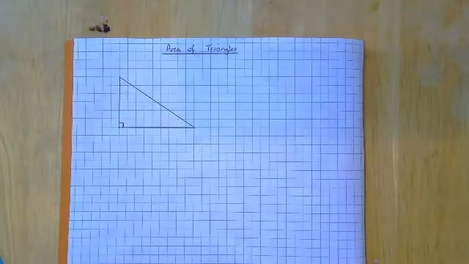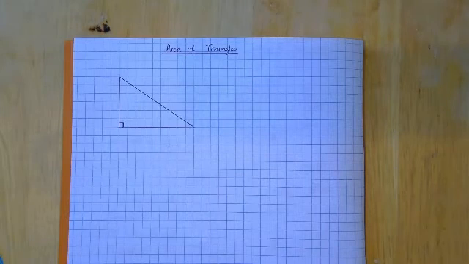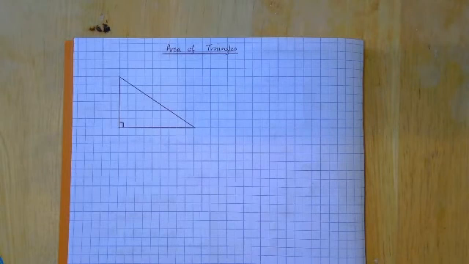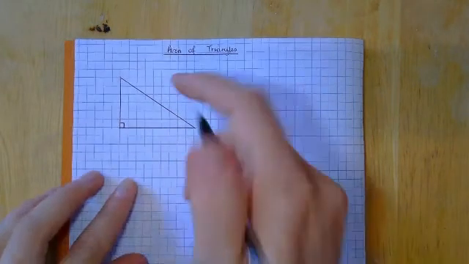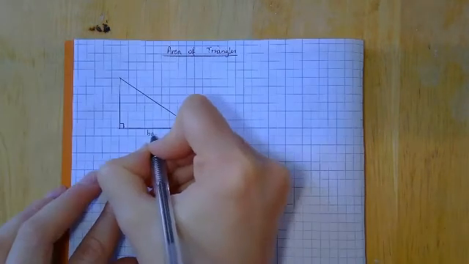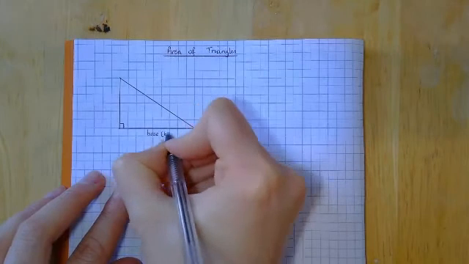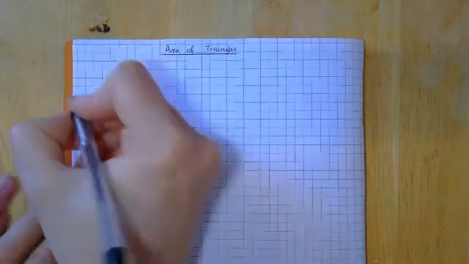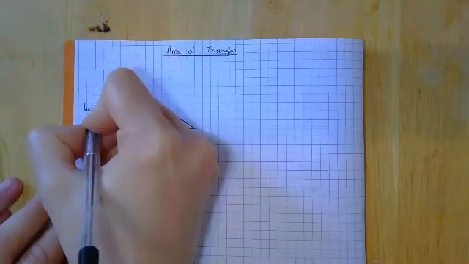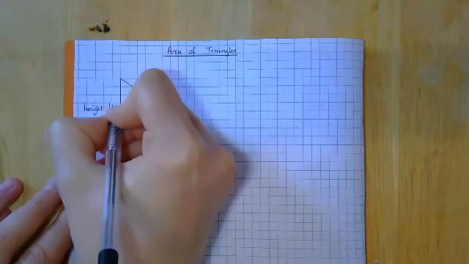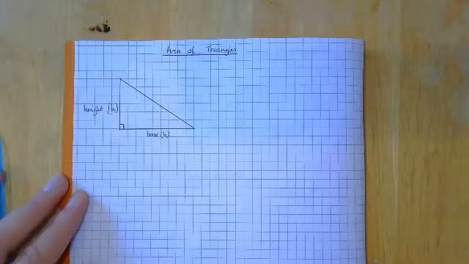We are going to be trying to work out the area of that triangle. For our rectangles, we just did the base times the height. Let's label this as base, or maybe I'll just use the letter B, and I'm going to call this height. But from now on, I'm just going to use the letter H.